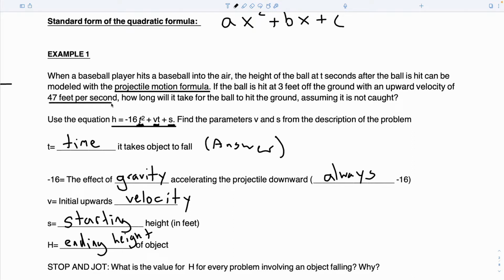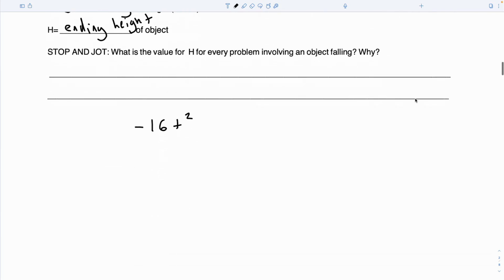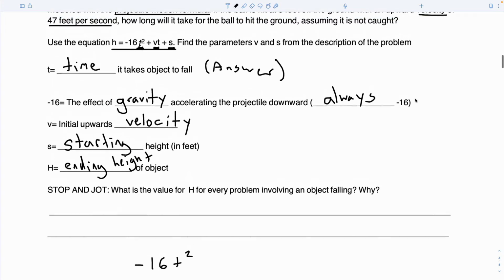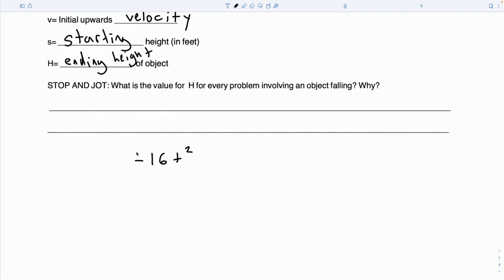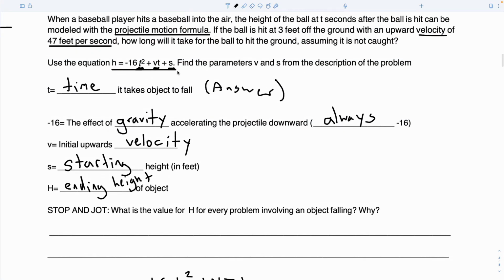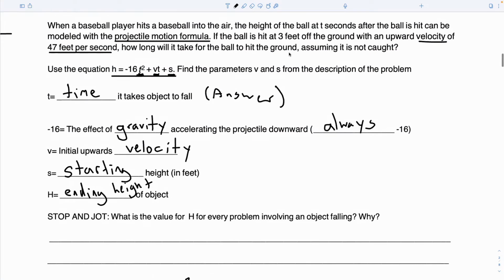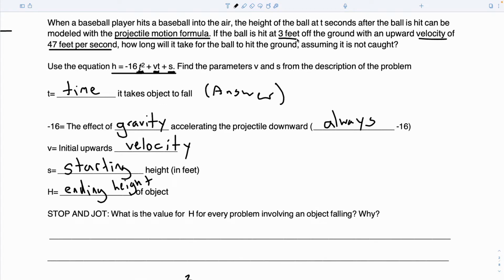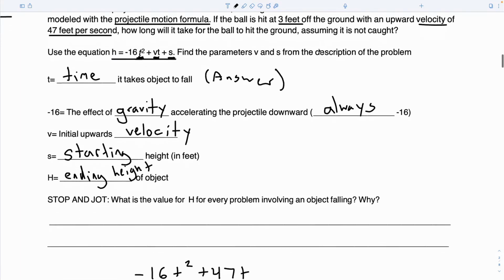So that's your initial velocity. We said it was 47, so let's add 47t. The last thing I need to fill in is the starting height. What's the starting height? They say it's 3 feet off the ground. The ball is 3 feet off the ground, and then they drop it.